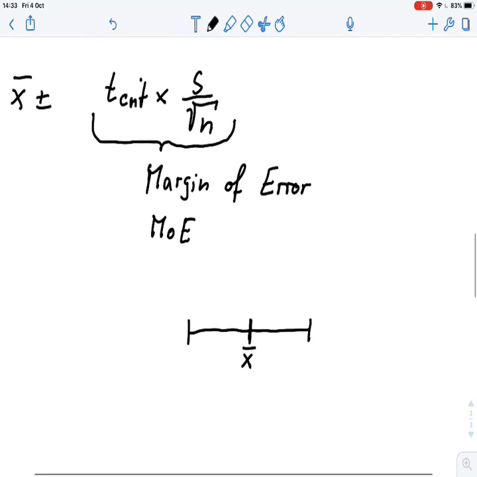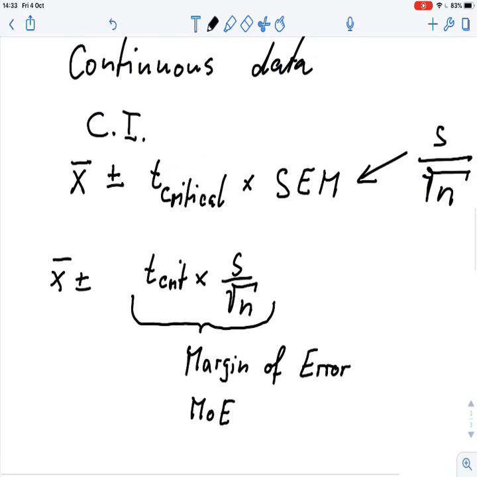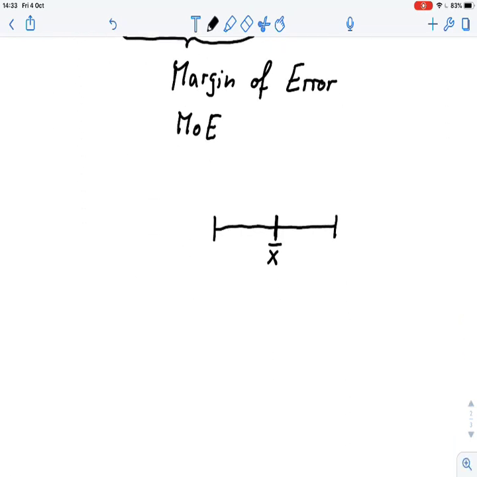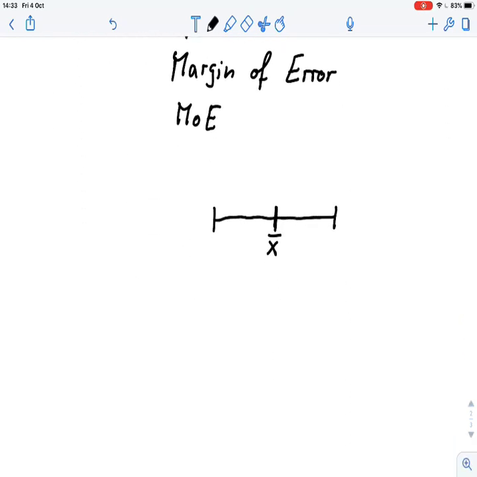Now if you look at this equation, would you expect this confidence interval to be symmetric around the sample mean, around x bar? Is it symmetric, or is it somewhere weird? What do I mean by that? Is this difference here the same?